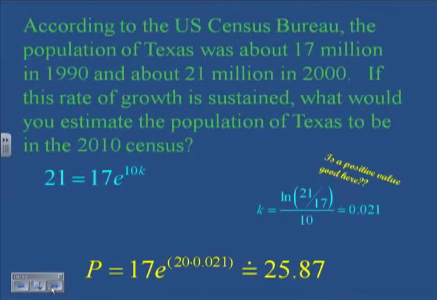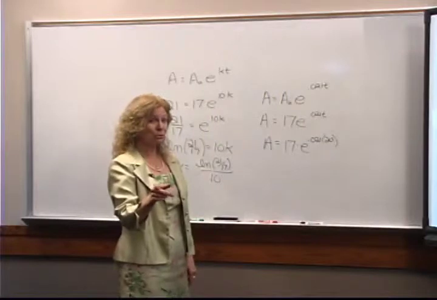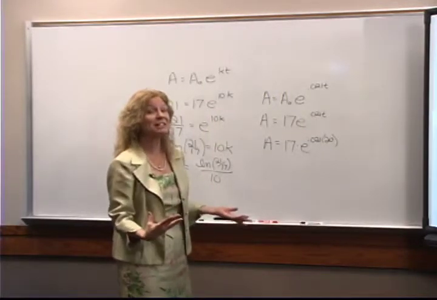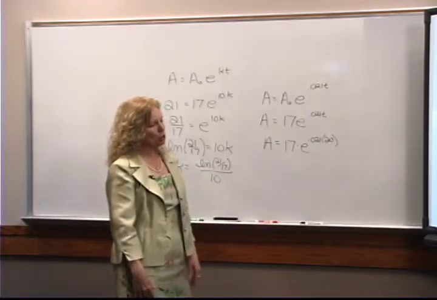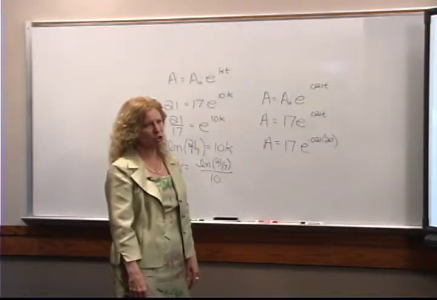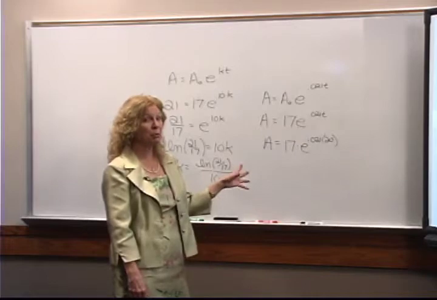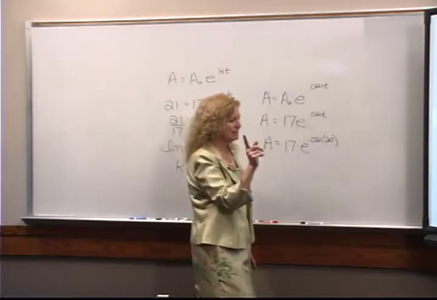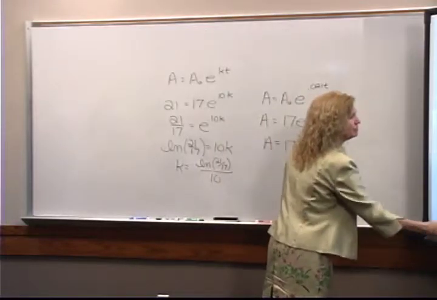There we go, 25.87. So you guys can go check that. Of course, we're just now collecting that census data, so I couldn't even tell you, if I was willing to go look for it, if this worked or not. Now, the problem works. It's just a matter of, was this a good model for Texas's population?